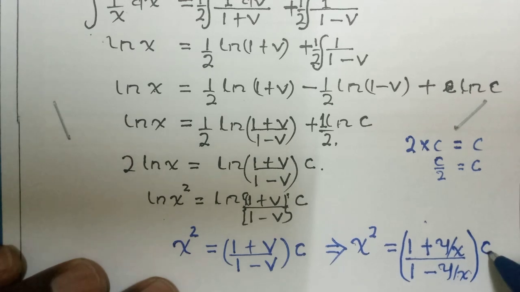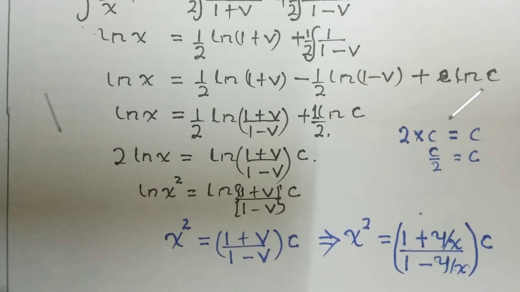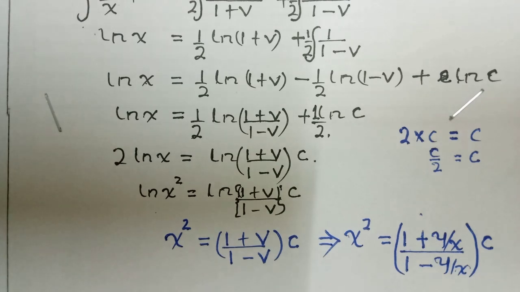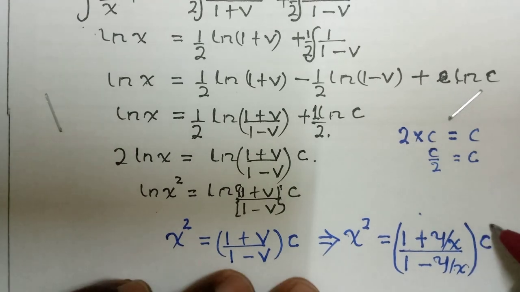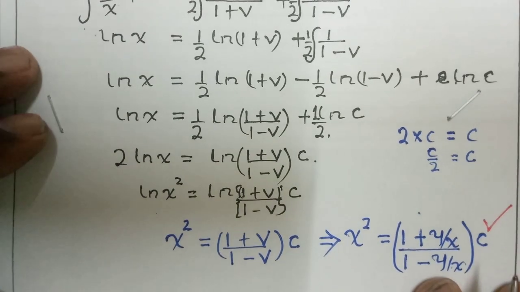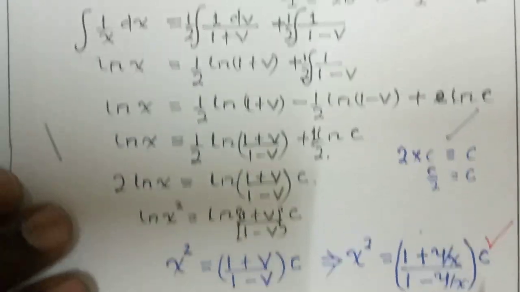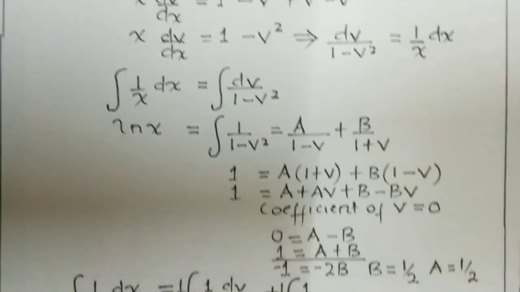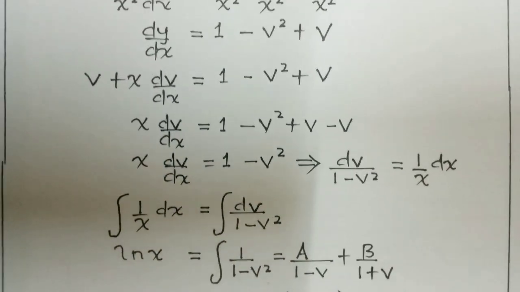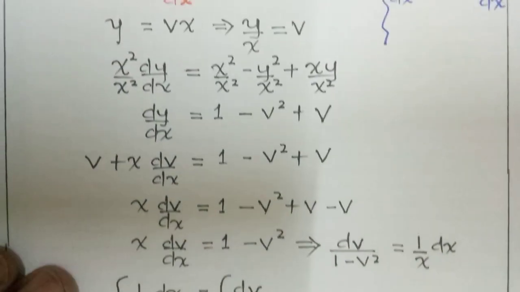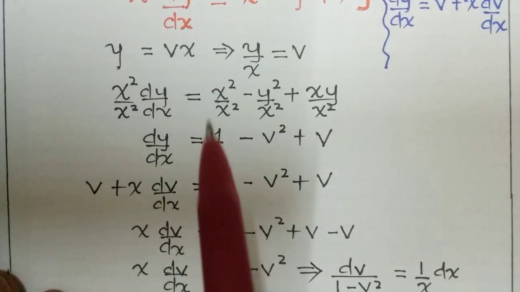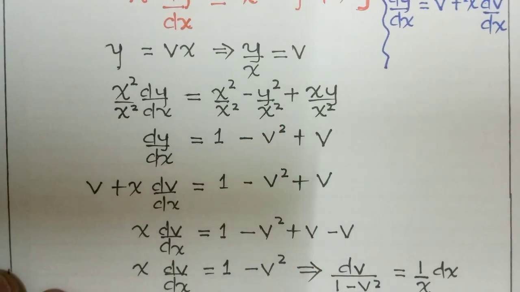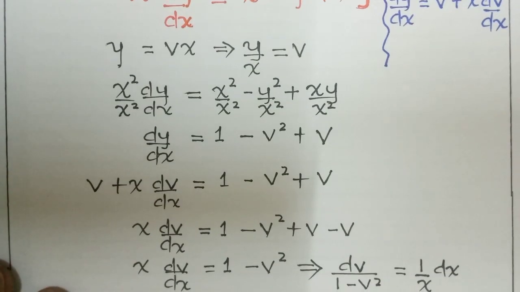We multiply by c. And that's what we get even from our definition, where we were looking for v. You can see that our v, guys, if we begin our question, we have said that our v is equals to y over x. So that's why I've replaced the v with that.